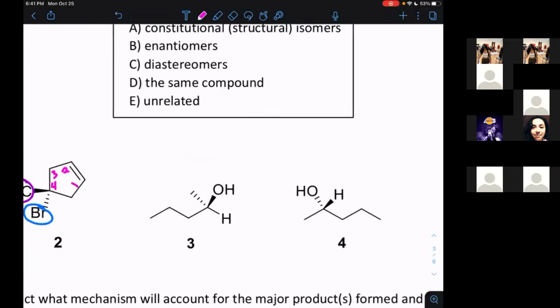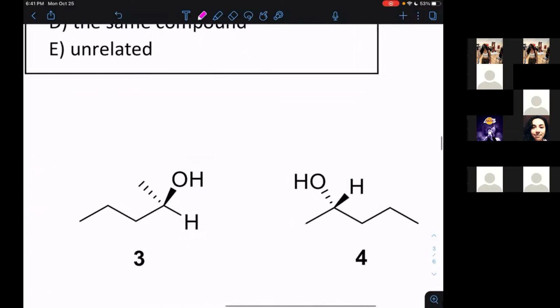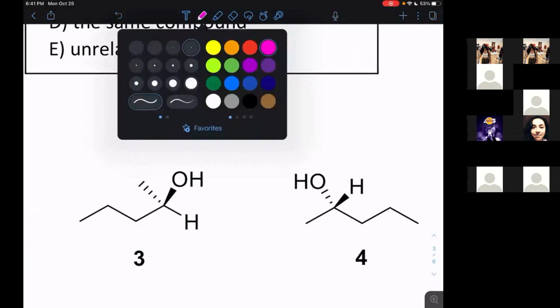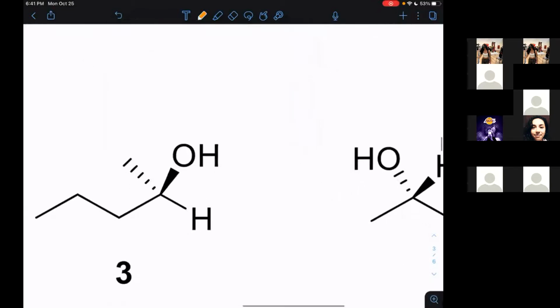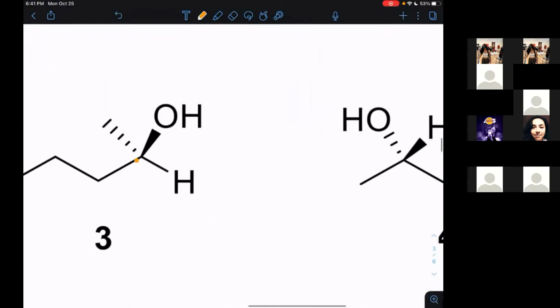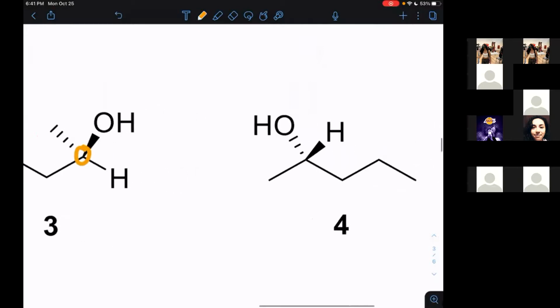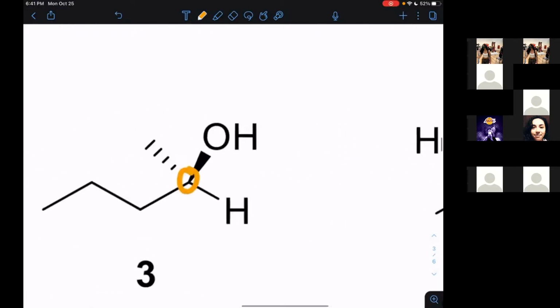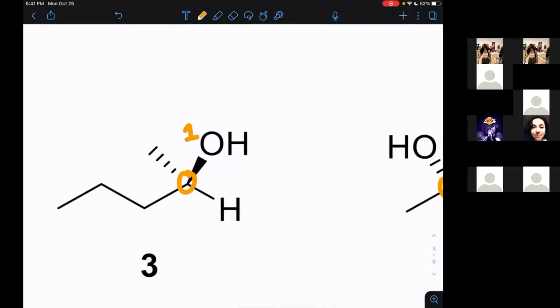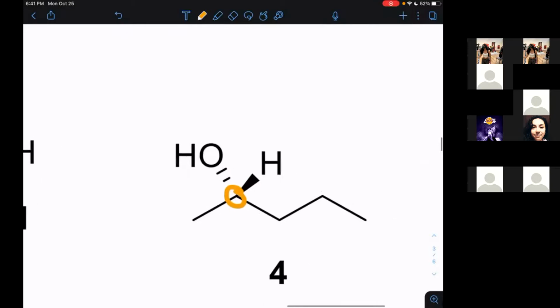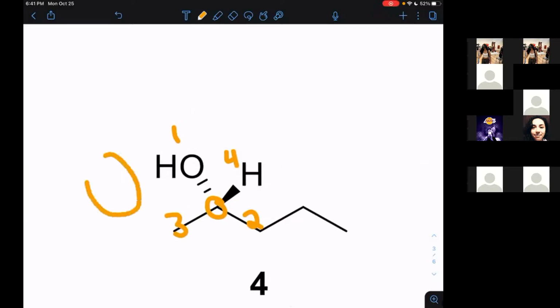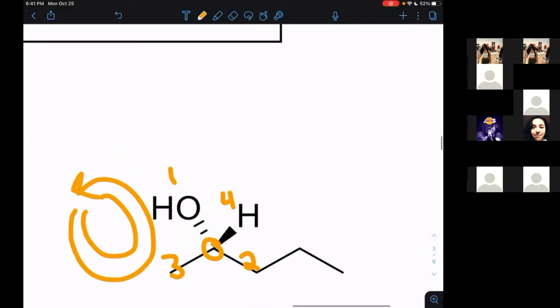And then for this other one, I forgot what the other way she said we could do it is. But first, for this one I would do R and S because that's the easiest for me. So this one is 1, 2, 3, 4. And then this one is 1, 2, 3, 4. So this one it's going to go in the opposite direction of that, so that is counterclockwise.